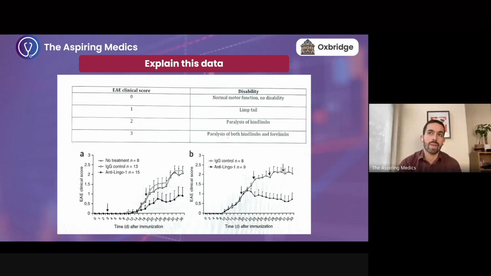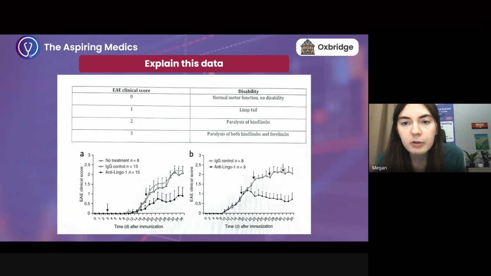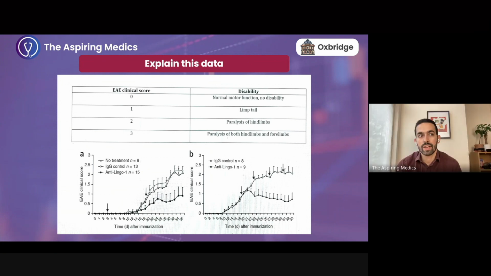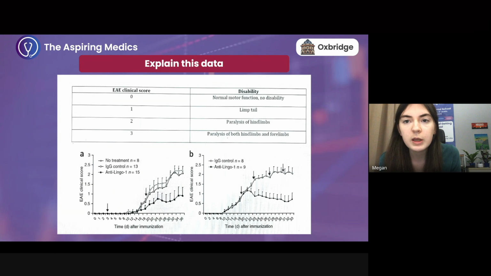Good. And what would you want to compare this management option to? I mean, if there's another alternative treatment to MS, I don't know if there's like a drug or something else, but yeah. So what are you comparing it to? So you're comparing it to the gold standard. What metrics are you looking at there? So I'd want to look at, I mean, EAE clinical score seems like a good way of determining the level of management of the condition.